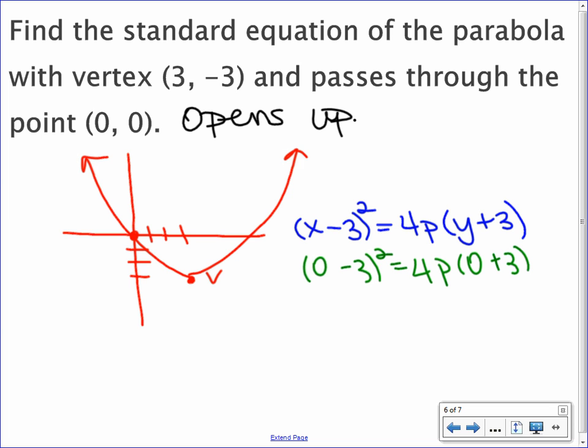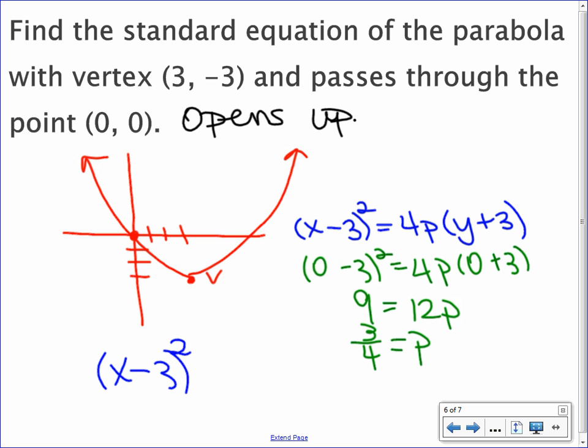On our left side, (0 minus 3) quantity squared equals 4p times (0 plus 3), which is 12p. So what's p? 3/4. So our standard form is (x minus 3) squared equals, what is 4 times p? 3. That's awesome.